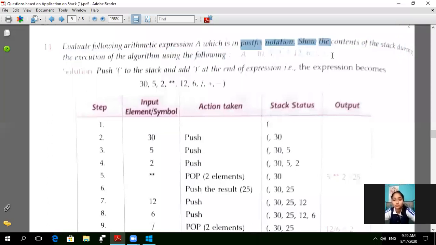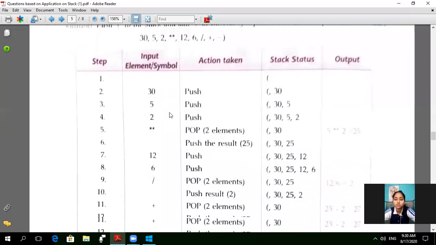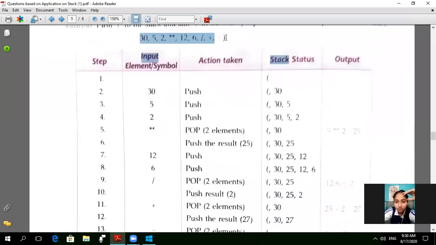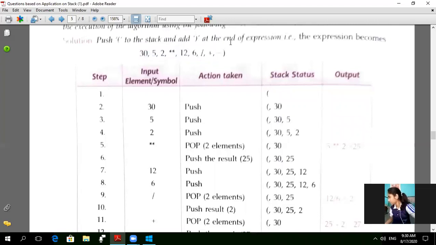So the expression is given like this, 30 5 2 exponent 12 6 divide plus minus, and this is a closing bracket. At the beginning you have to insert an opening bracket, and at the last a closing bracket. And see this table. First write this question in your rough copy and then solve it.